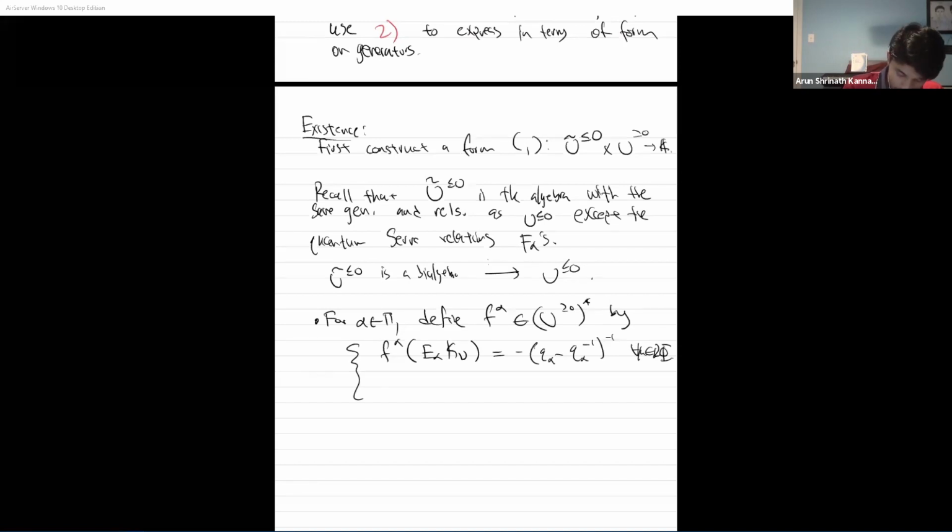And if it's outside of that, then we're going to define it as 0, for all nu not equal to alpha.